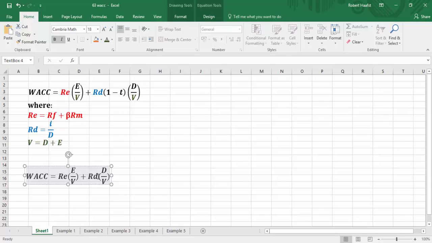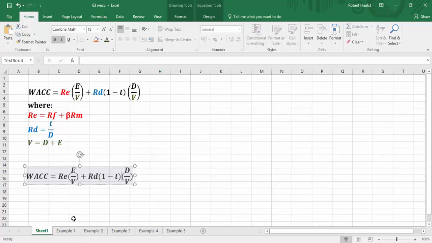But also, in most countries, if not all countries, debt is deductible by tax. So we have to incorporate a tax shield. So that's why we do 1 minus the tax rate in the debt part of the equation. So that's basically the formula.